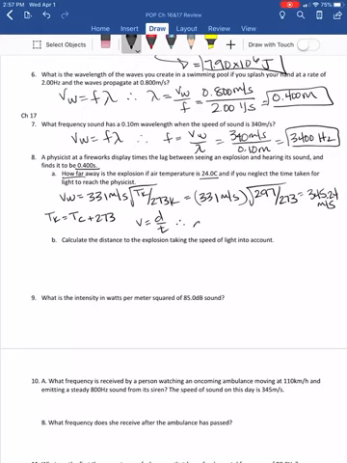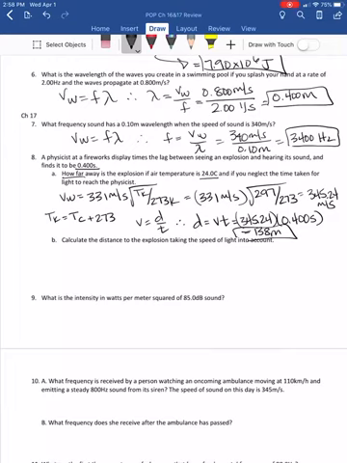And that's from a long time ago, right? So distance is equal to velocity times time. So we have 345.24 times 0.4 seconds, which ends up giving you about 138 meters. Okay? So hopefully that makes sense.